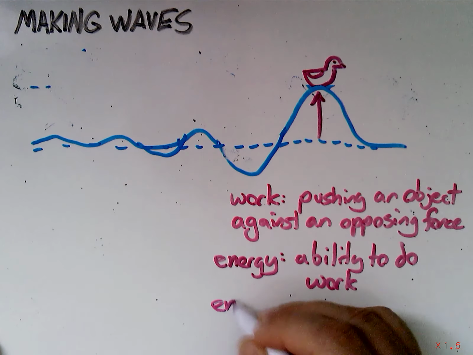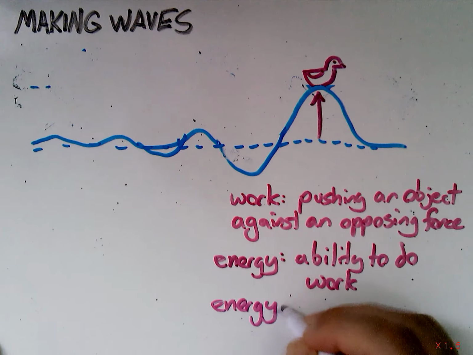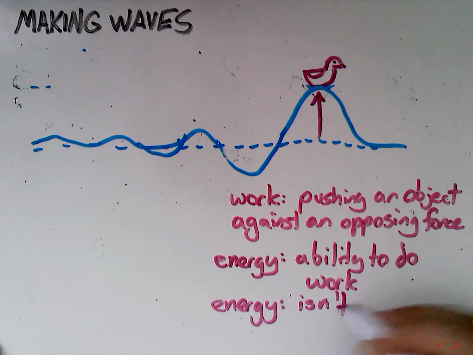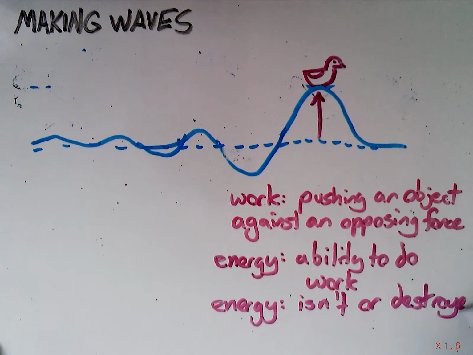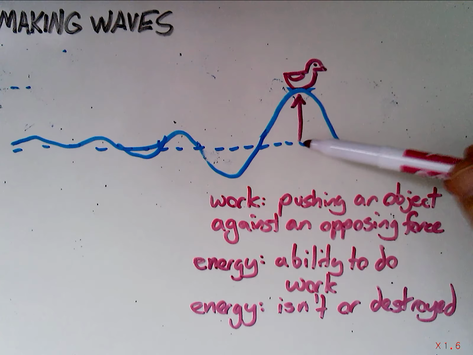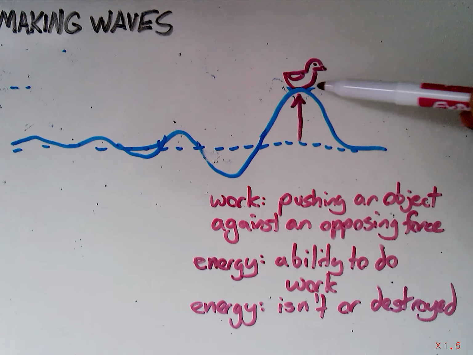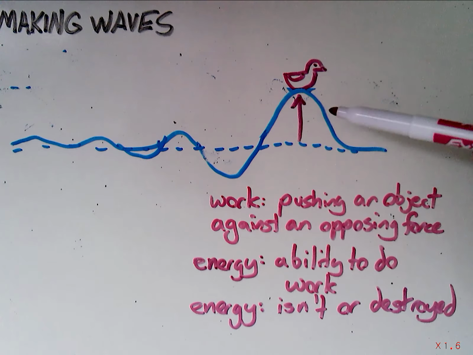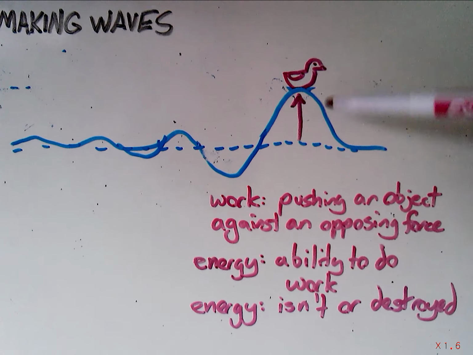Energy, like matter, isn't created or destroyed. So energy has to come from somewhere. If I am lifting this duck up, I'm doing some work, and that means that I'm spending some energy. So something had to lose energy in order for the duck to get it.